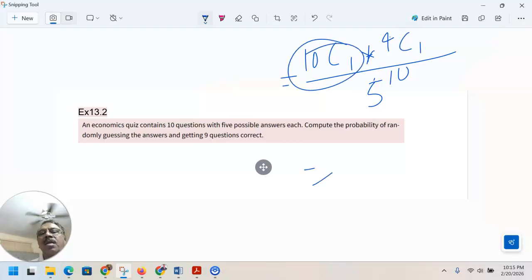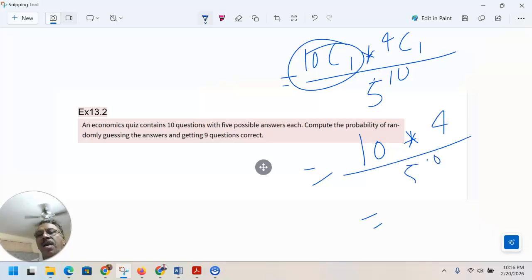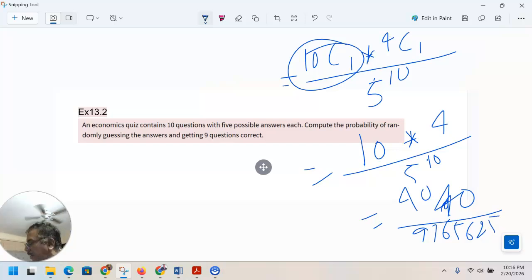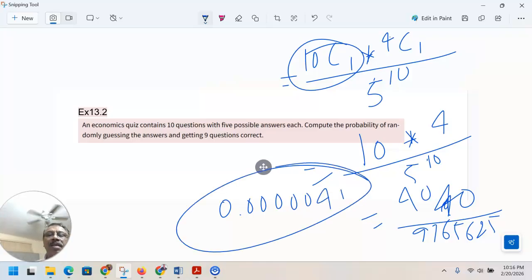Now 10C1 is 10, and this is 4, and this is 5 raised to 10, so 40 out of 9765625. Use the calculator. I hope I made sense to you. Little confusing, but it makes sense.